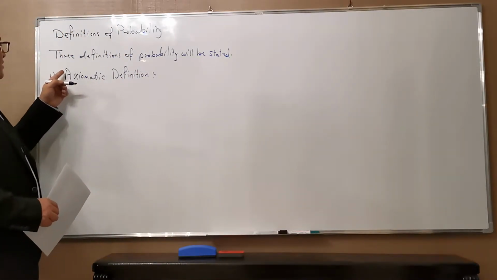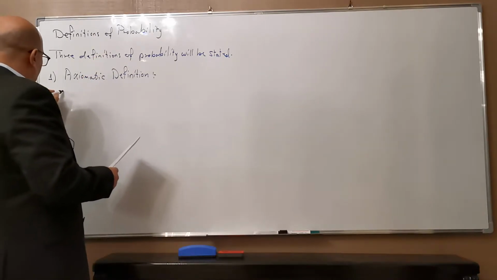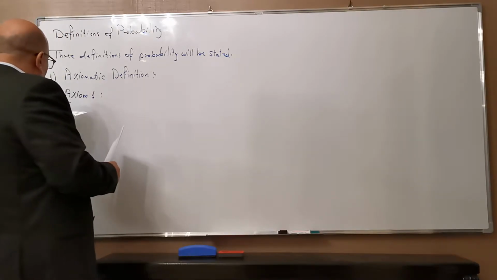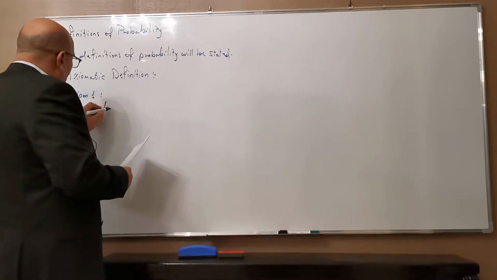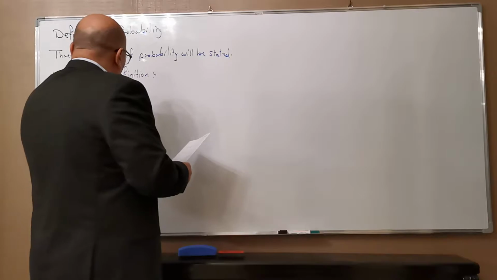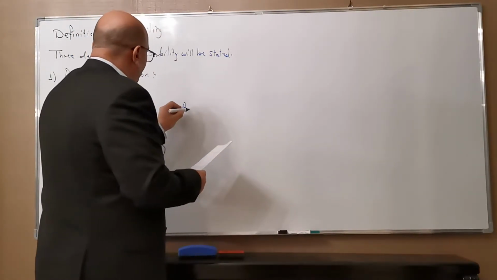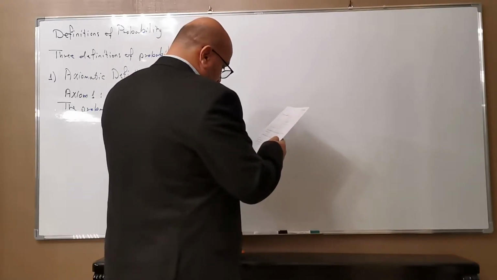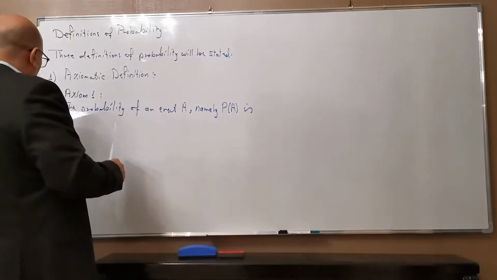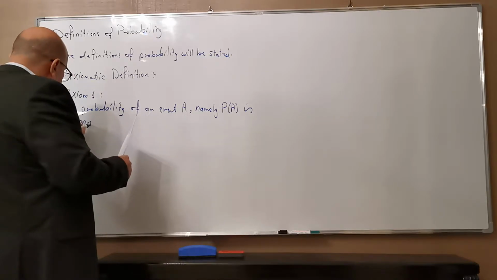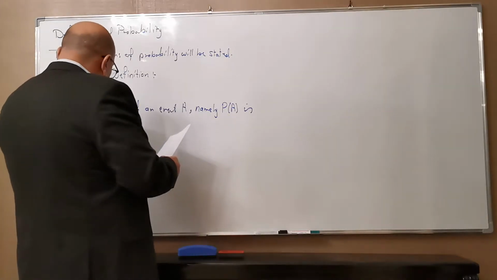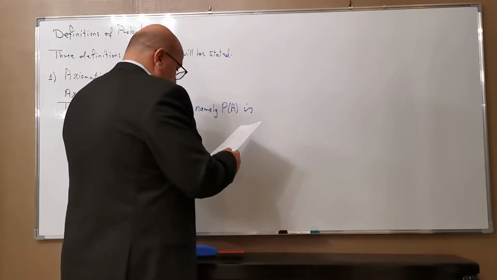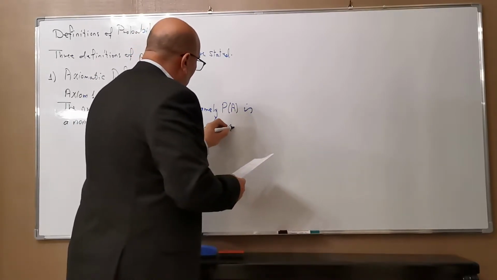The axiomatic definition is a definition of probability based on axioms. The first axiom, axiom 1, says that the probability of an event A, namely probability of A, is a non-negative number assigned to this event.